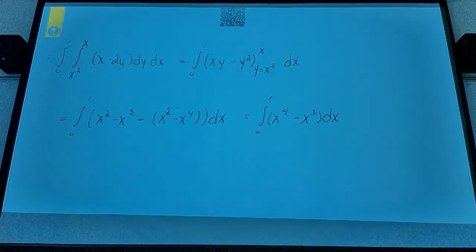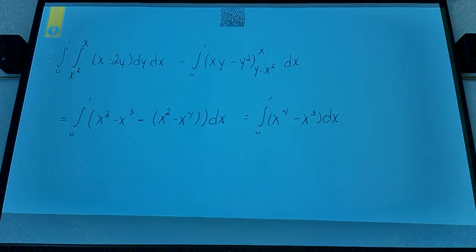x to the fourth minus x cubed from 0 to 1. It's just a fifth minus a quarter, isn't it? 4 minus 5.